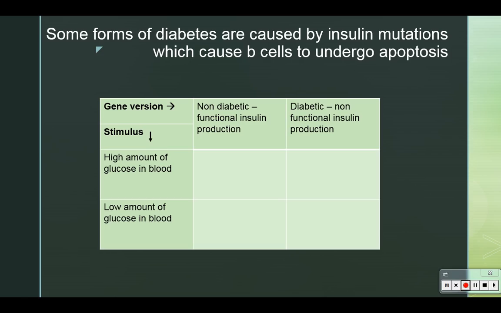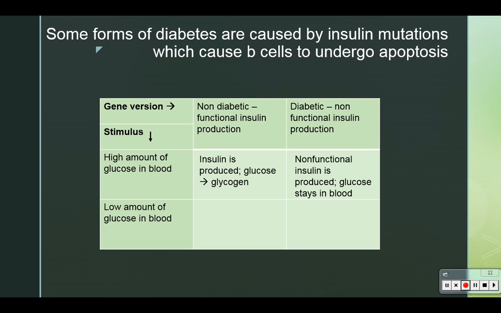Okay, so if you are not diabetic, meaning you are producing functional insulin and you have a high amount of glucose in your blood, insulin is produced, meaning glucose becomes glycogen. If you are diabetic, and in this case, this is not all forms of diabetes, but in this form, you're producing non-functional insulin, then you don't have the insulin you need and your glucose stays in your blood.